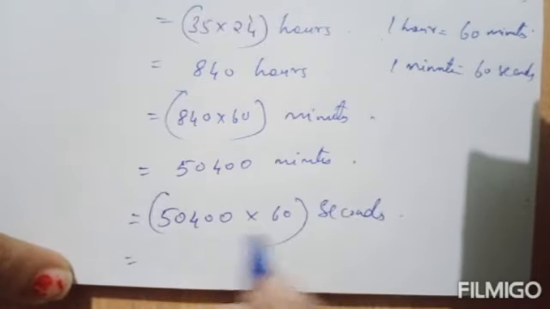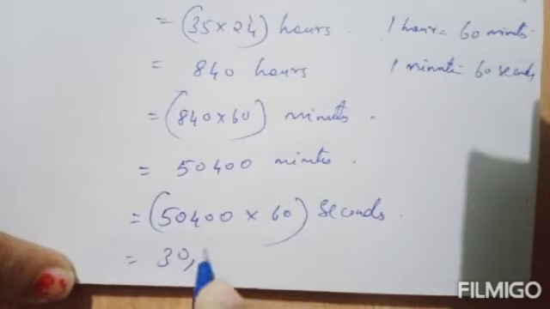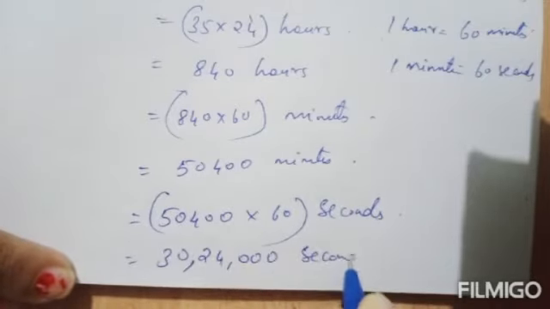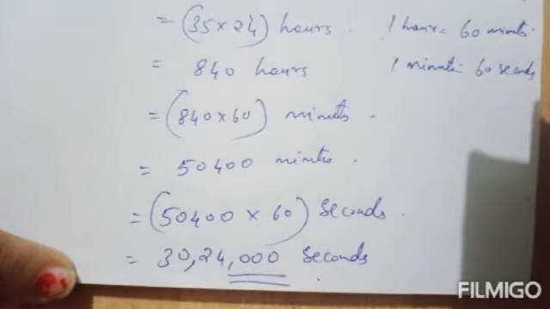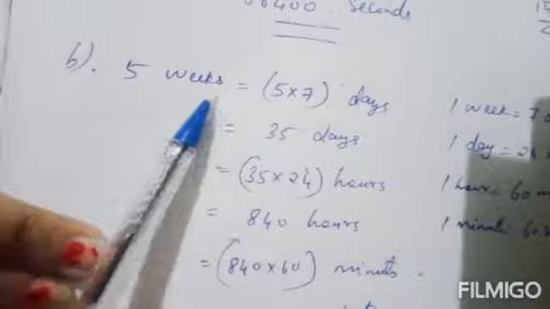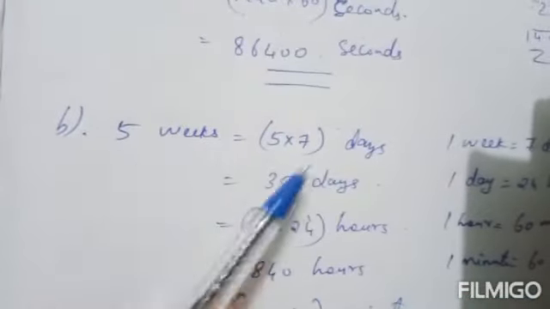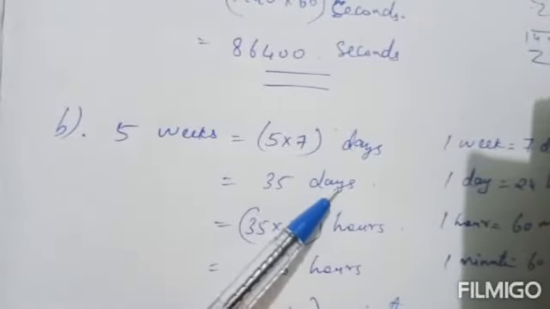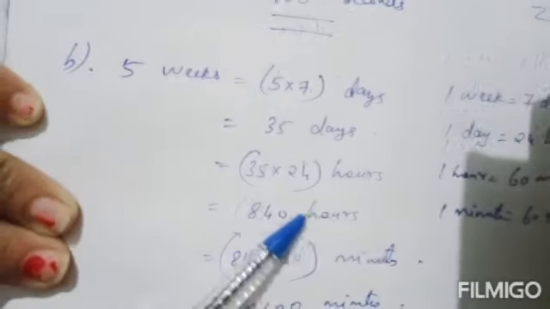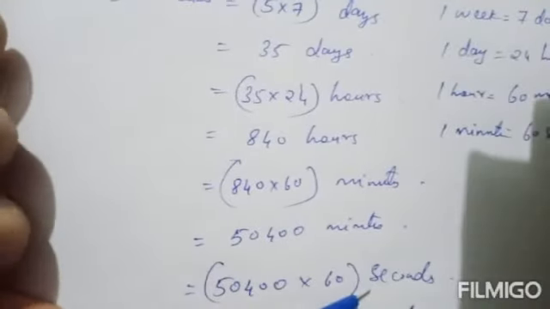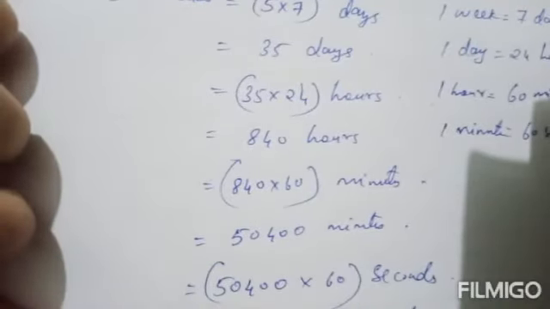On multiplying this you will get 30,24,000 seconds. This is the answer. So 5 weeks, first we convert to days, days we convert to hours, hours we convert to minutes, and minutes we convert to seconds.